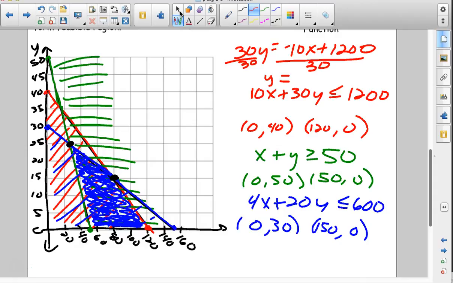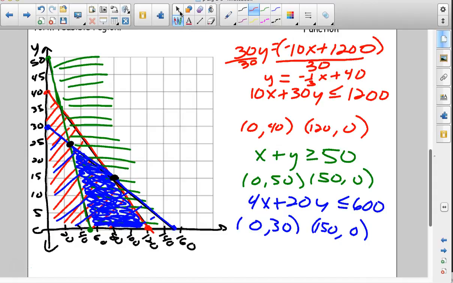And again, you wouldn't have to reduce any of this if you didn't want to. You could just slap a pair of parentheses around the top, because then your calculator knows to take all of this. But we might as well do a little reducing here. So that's going to be my red equation.